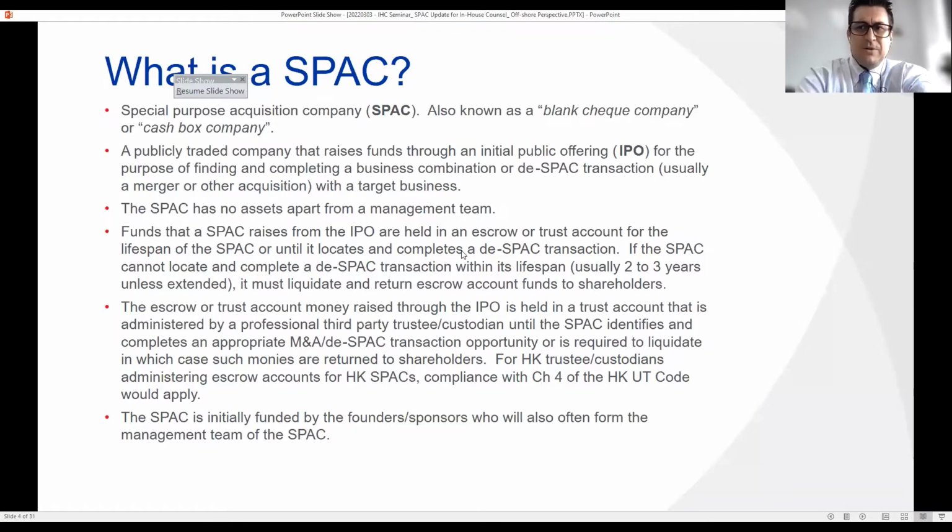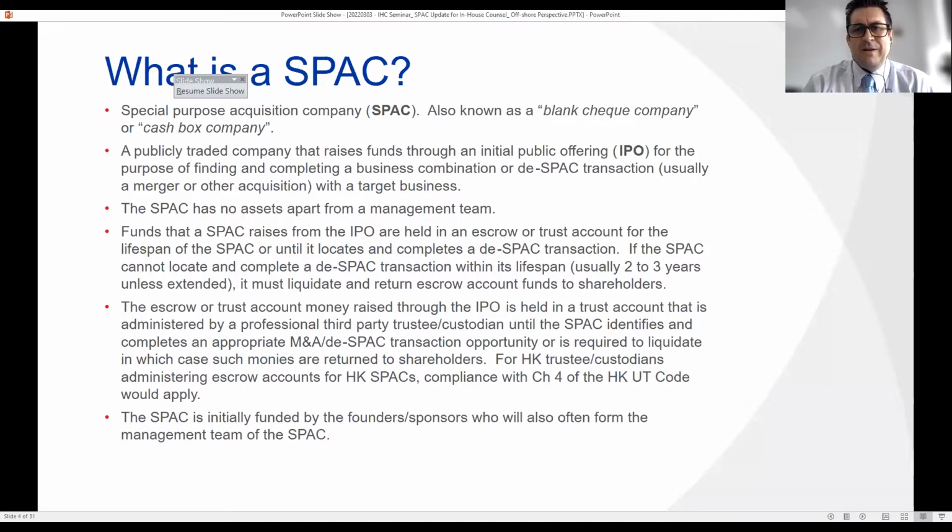So going on to SPACs, what is a SPAC? Effectively, a SPAC is what we call a special purpose acquisition company, sometimes called a blank check company, sometimes called a cash box company. A SPAC does not have any assets. The only asset that it has, if you could call it that, is its management team.